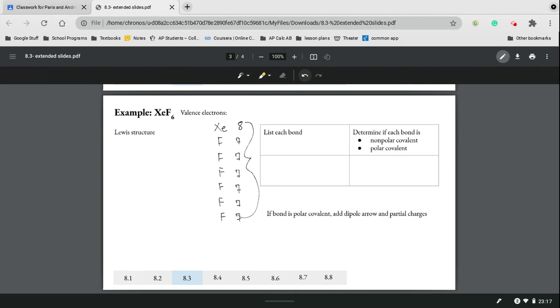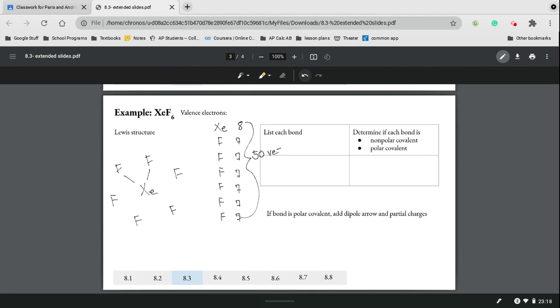And this comes to a grand total of 50 valence electrons. And so when we start doing the Lewis structure, xenon is in the center, with the fluorines surrounding. And we just start going to it as usual.